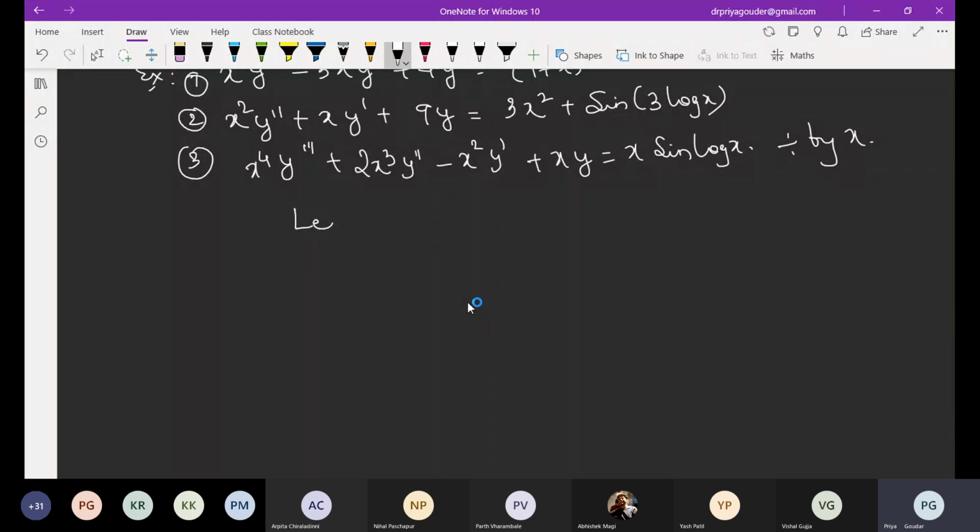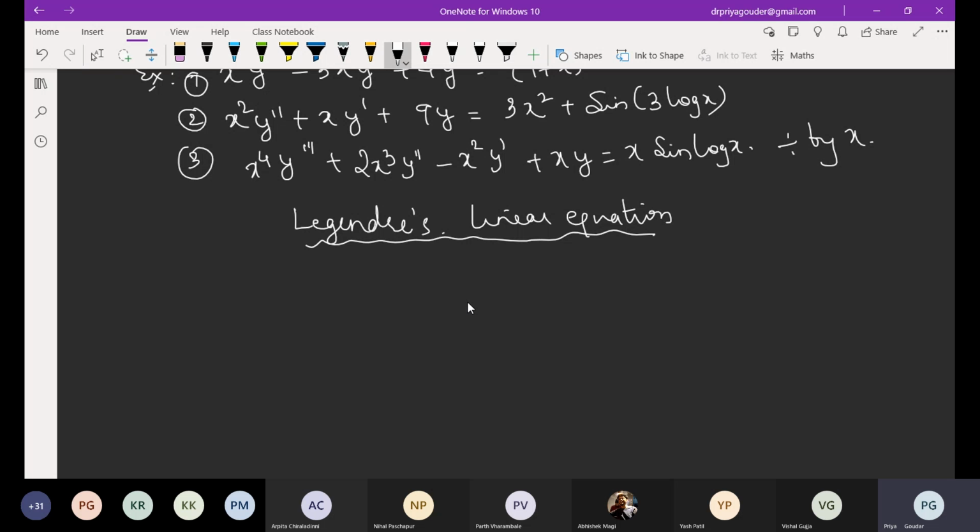This is called Legendre's linear equation. Now, this is also the case where we have the linear differential equation with variable coefficients. Means along with derivatives, you will be having some variables attached. Are you getting it? Now, what was the thing in Cauchy's? Dy by dx was attached to which term?